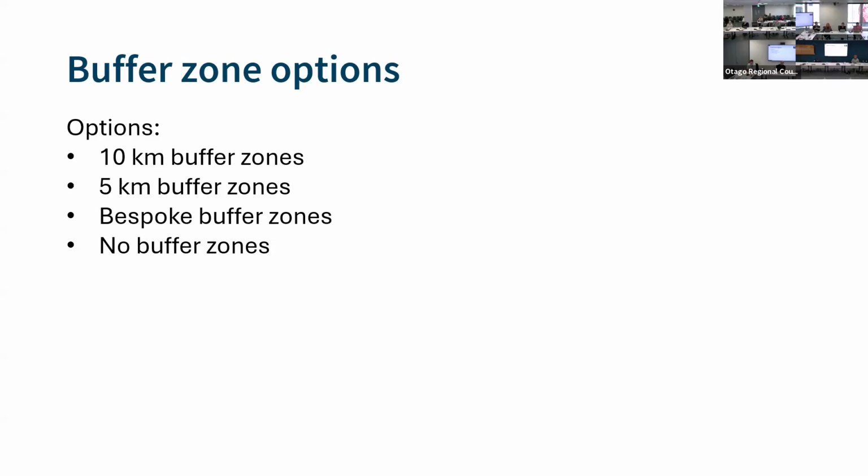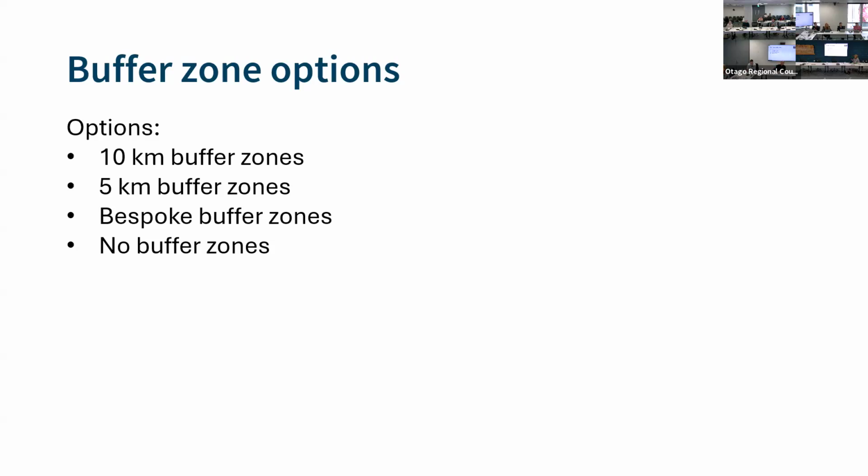All right, you're wanting some discussion on the options that are up there, the 4 options? Councillor Wee. I'm just wondering if we're envisioning the same option for every area we're talking about, or if we're expecting maybe the potential for 10K buffers for that first tranche of towns, and then 5Ks for the others.